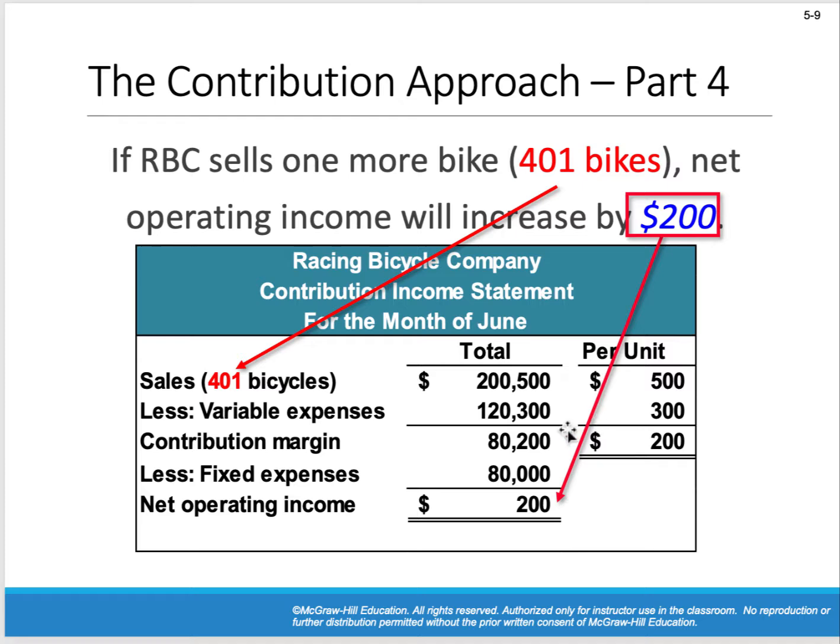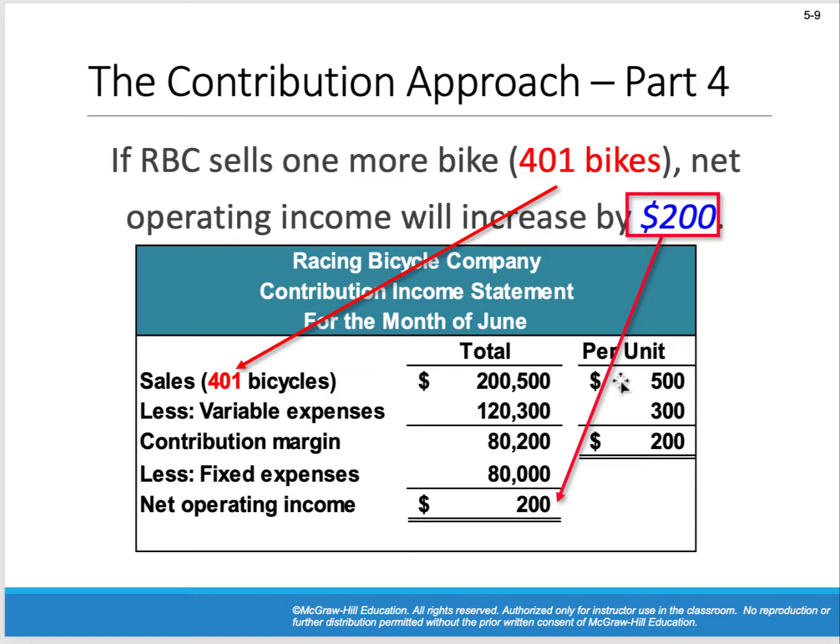So like I said before, a good rule of thumb, whenever you have your totals here, create another column that says, hey, let me give you my per unit price. Let me give you my per unit variable cost. And let me calculate that per unit contribution margin. Because that per unit contribution margin can be used to multiply it by the quantity, subtract out the fixed expenses. That shows what our net operating income is, okay?